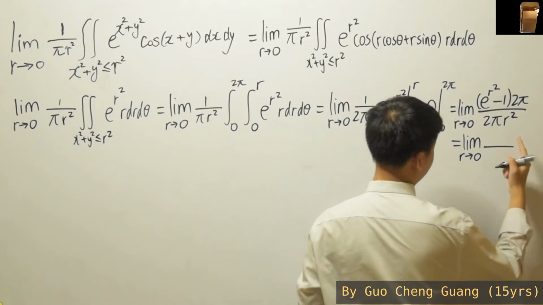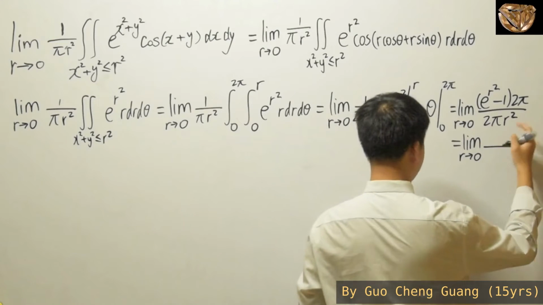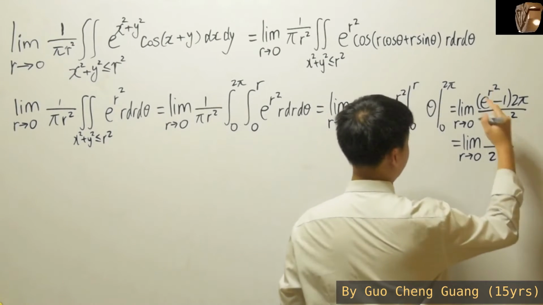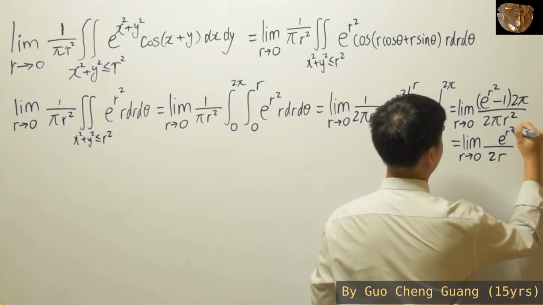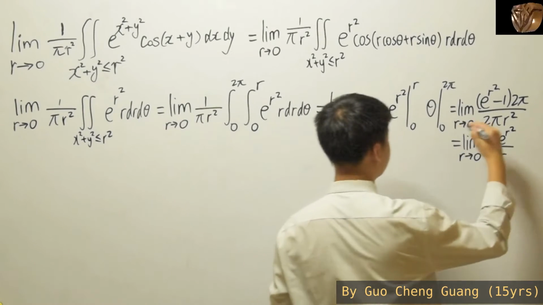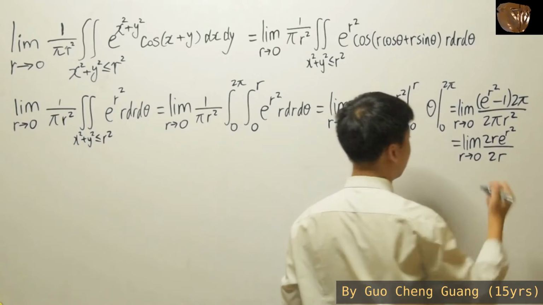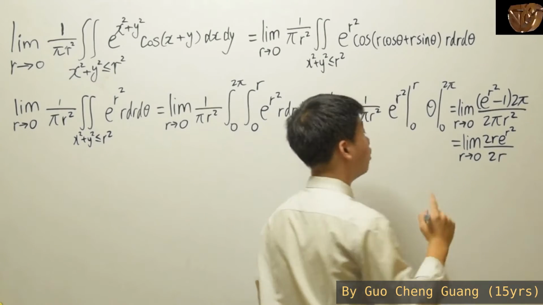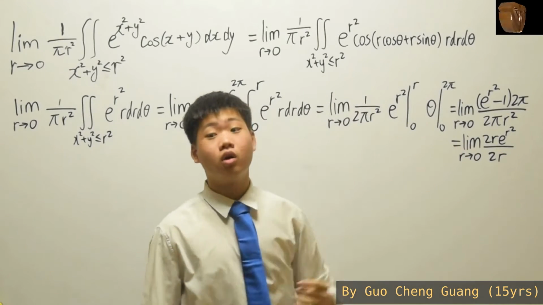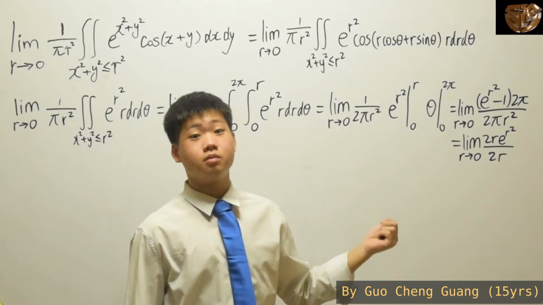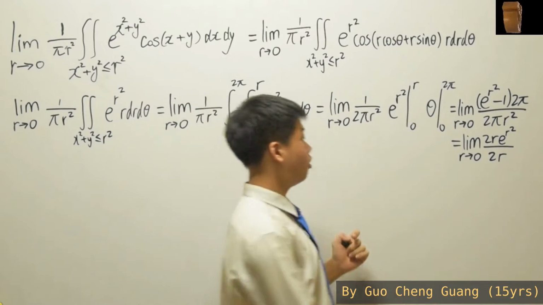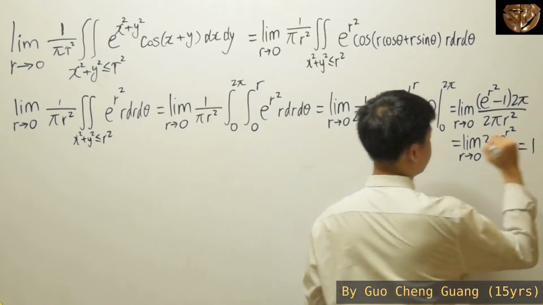So differentiating for r, this term below, r square, just becomes 2r. In the numerator, you still have e to the power of r square, with the chain rule giving 2r in front. So all you're left with is e to the power of r square. And when you sub 0 into that, all you have is 1.